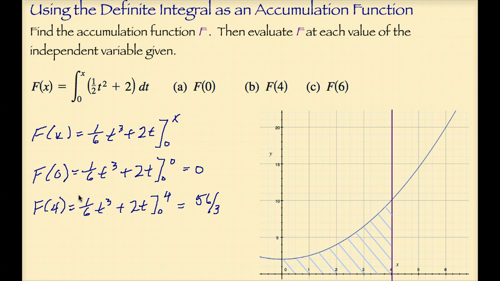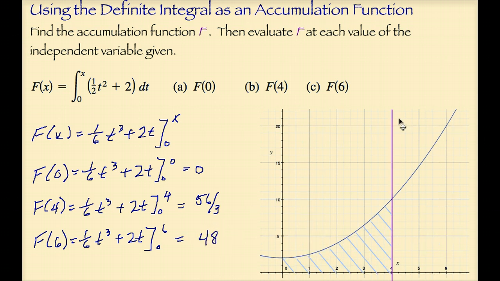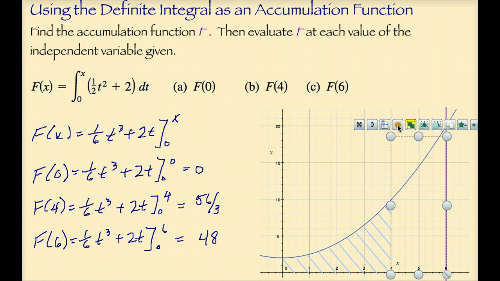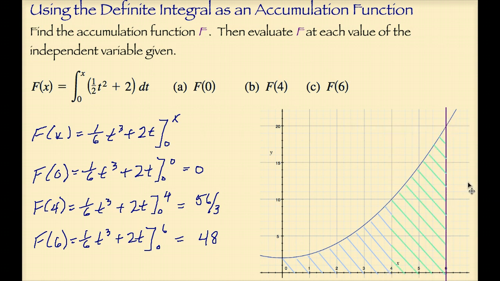56 over 3. Then the value of F of 6 will be 1/6 t cubed plus 2t from 0 to 6, which is an area of 48. So once again, if we move our representative rectangle over to 6, we have now accumulated this much area, giving us a total of 48 for that region.